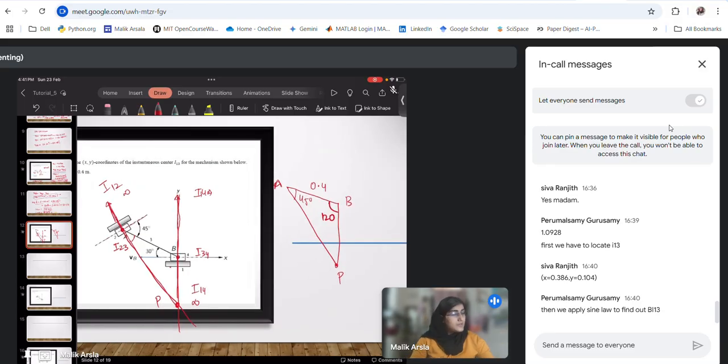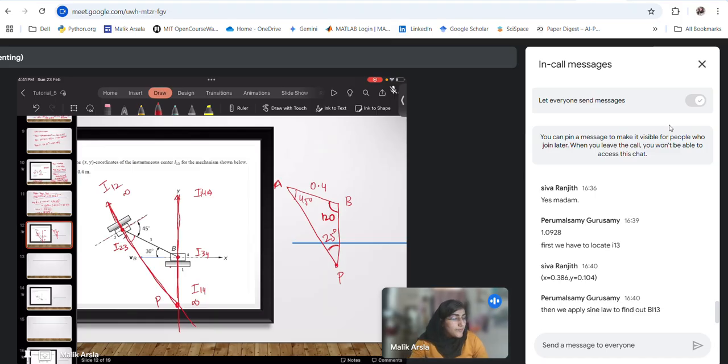So here this angle can also be figured out quite easily. It is equal to 180 minus 165, right? So that is equal to 25 degrees.